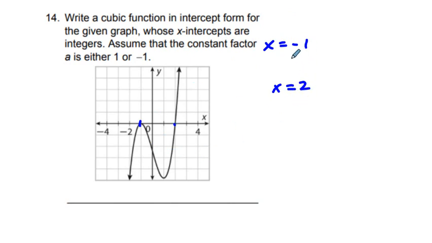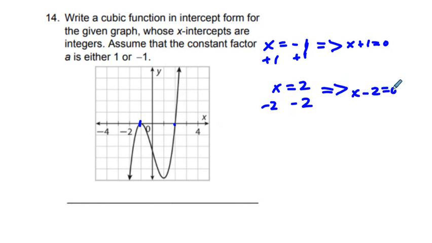Our factors based on this: if we add 1, we get x plus 1 equals 0. And for our zero of 2, if we subtract 2, we get x minus 2 equals 0. So our function could be f of x equals quantity x plus 1 times quantity x minus 2.